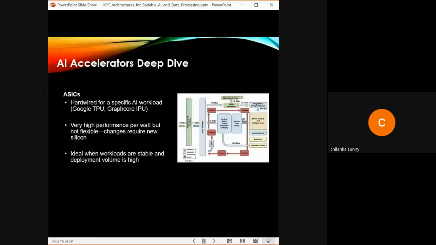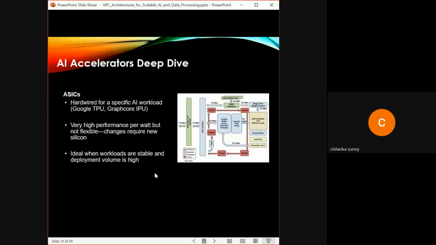TPU pods connect many such chips over a high-bandwidth, low-latency fabric to speed up distributed training, while the compiler maps the model graph to the MXUs and memory hierarchy to maximize data reuse.